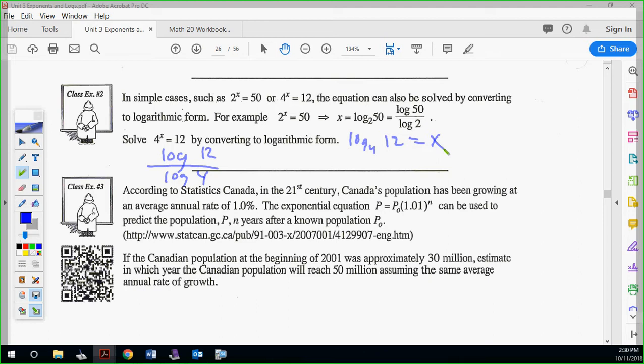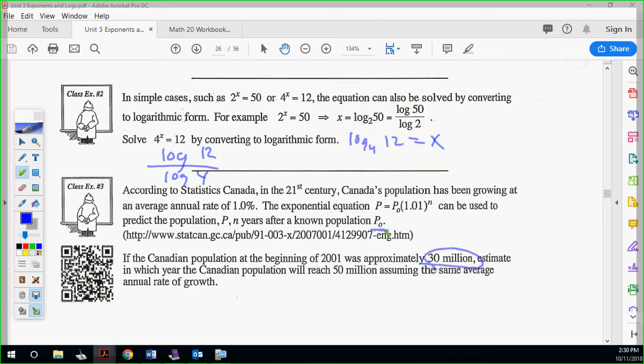So it tells you all this stuff here. The Canadian population is at the beginning of 2001, so that's before 2001 starts. We'll get to why the answer is what it is when we get there, but remember, we're counting 1, so essentially we're starting at 0. We'll talk about that when we get there. With approximately 30 million, so that's our P naught. 30 million is our starting amount for people.